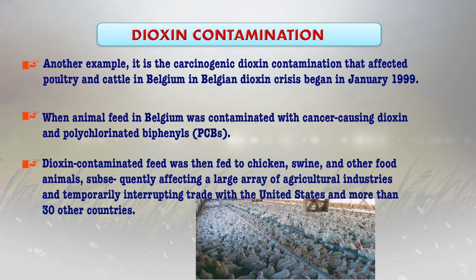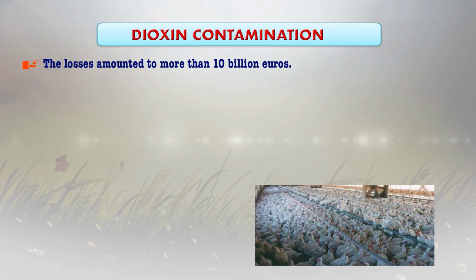Dioxin contaminated feed was then fed to chicken, swine and other food animals, subsequently affecting a large array of agricultural industries and temporarily interrupting trade with the United States and more than 30 other countries. The losses amounted to more than 10 billion euros. Just imagine, not only the loss of lives but also the monetary loss.